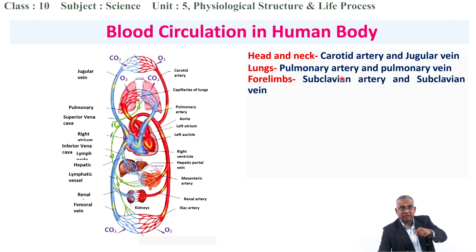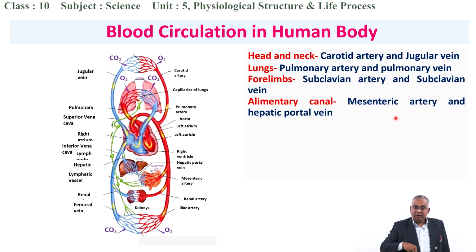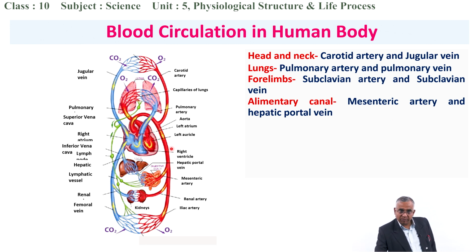When blood is blocked in it, what happens? Heart attack. In forelimbs, the subclavian artery and subclavian vein, in our hands. Then in the alimentary canal, in which food is digested, the mesenteric artery and hepatic portal vein. You can see here, that is part of the intestine, the mesenteric artery, and from here a blood vessel goes into the liver, that is the hepatic portal vein.